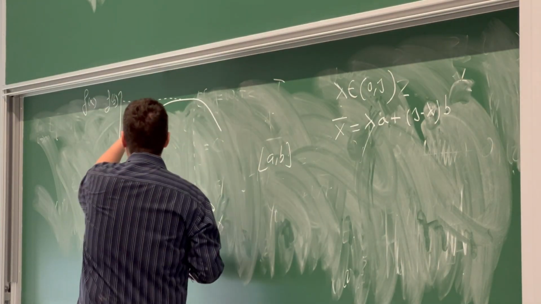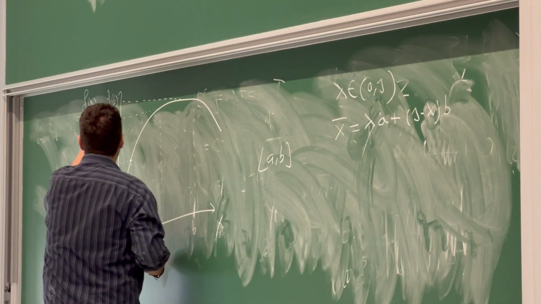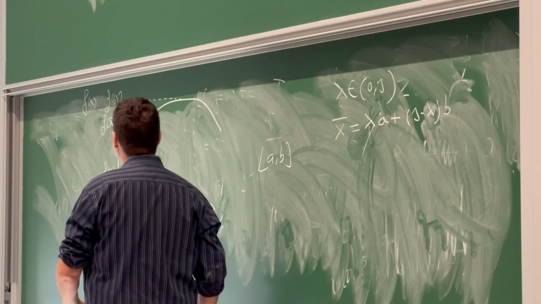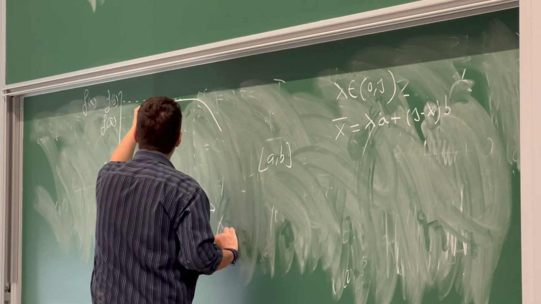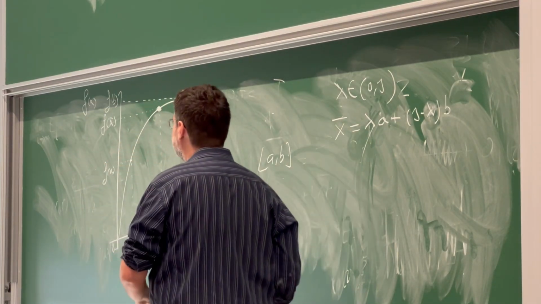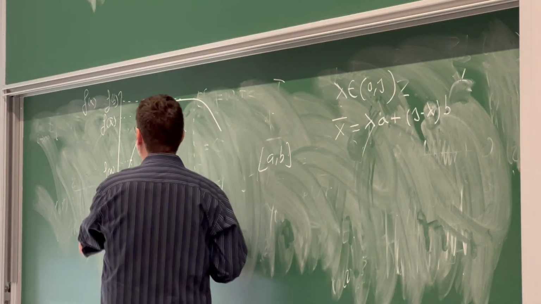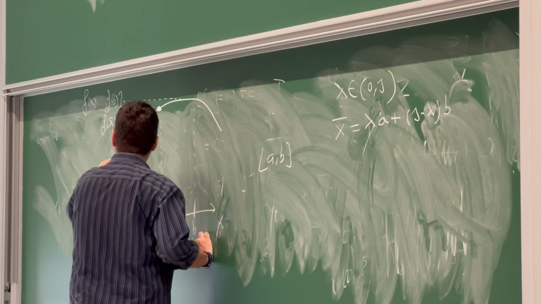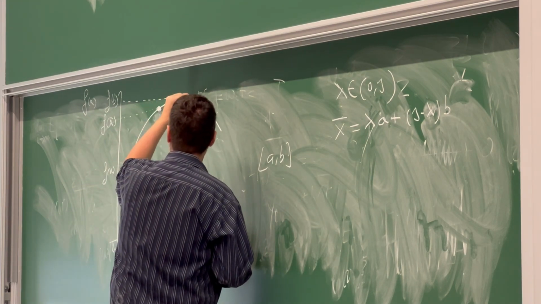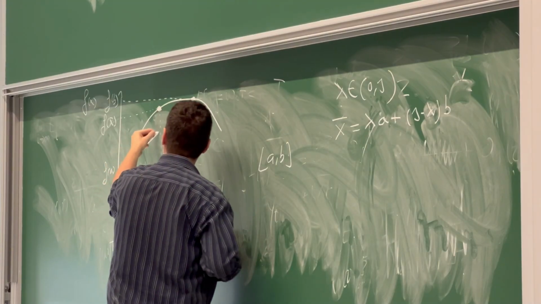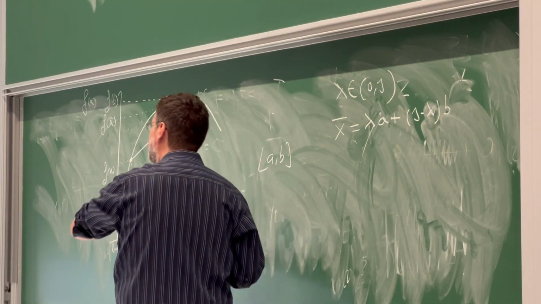So this point here, this is the function of my midpoint. All right, A, f(A), f(B). Now I'm going to trace out a line connecting f(A) and f(B).